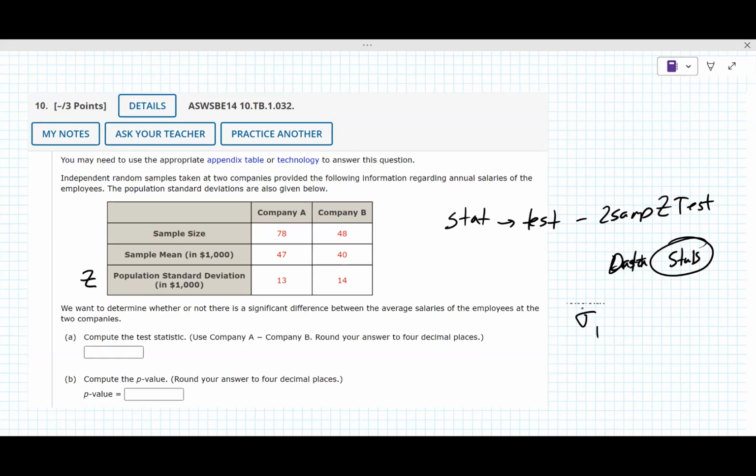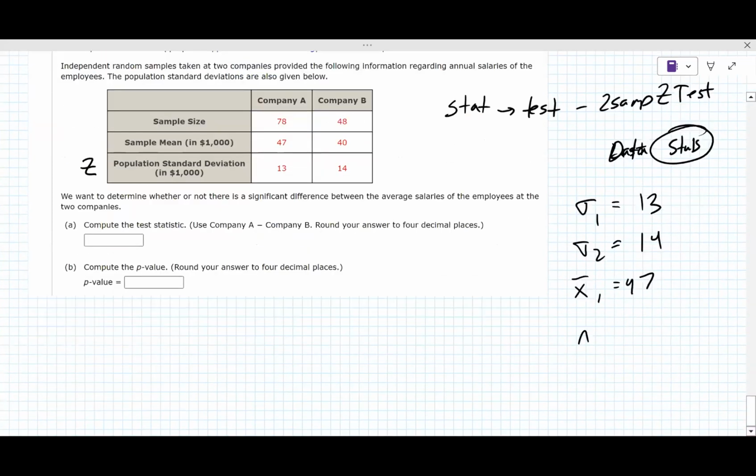It wants sigma 1, sigma 2, right? So sigma 1 is 13, sigma 2 is 14. Then it wants X bar 1, that's 47, N1, which is 78. And then it wants X bar 2, which is 40, and then N2, which is 48. Okay.